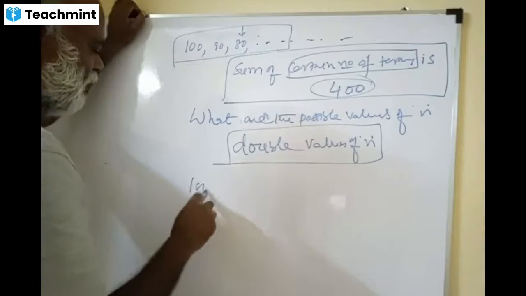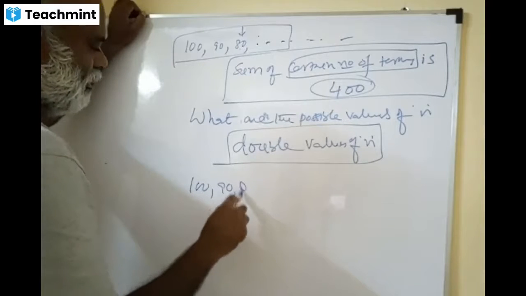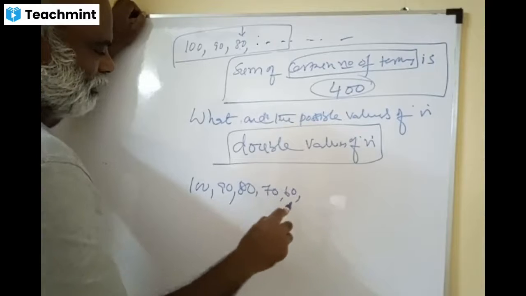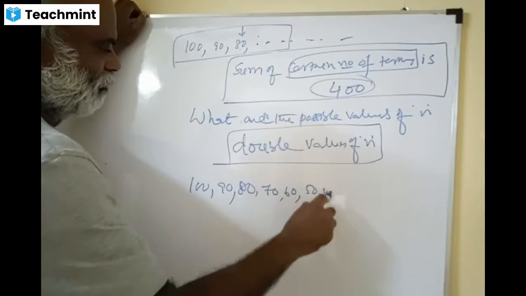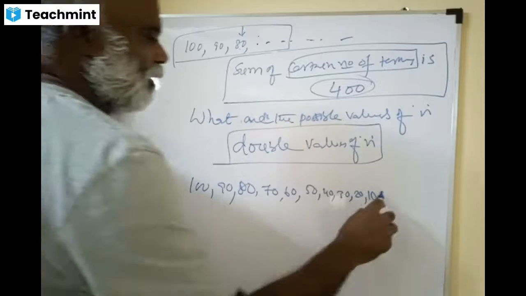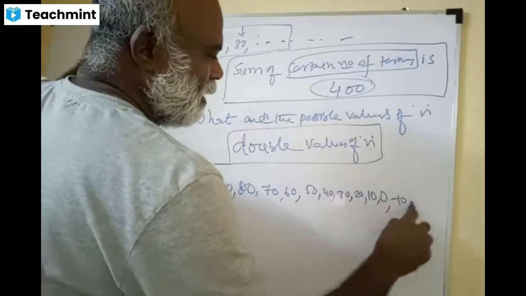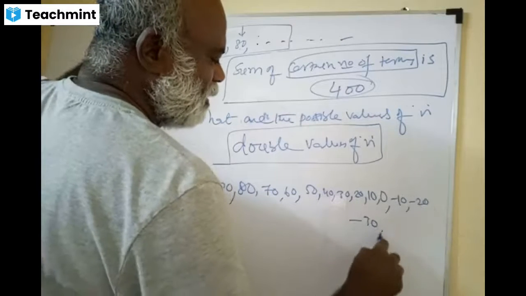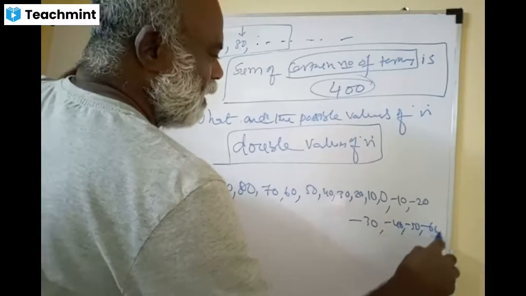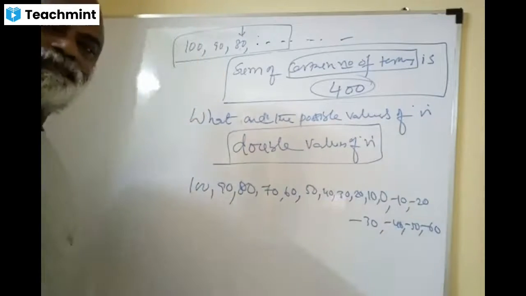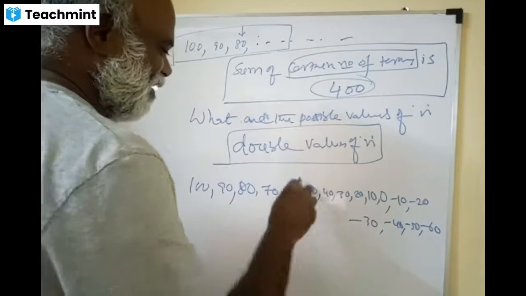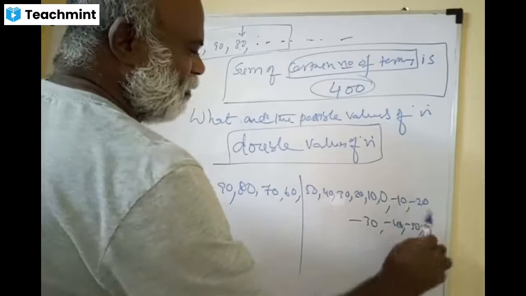So I can write 100, 90, 80, 70, 60, 50, 40, 30, 20, 10, 0, minus 10, minus 20, minus 30, minus 40, minus 50, minus 60. Like that it will be there, right? Friends, this is enough.